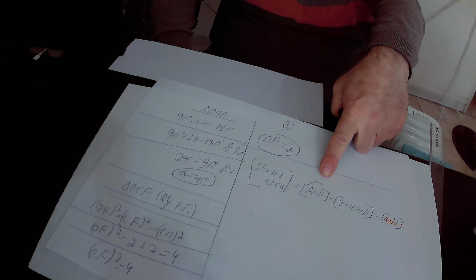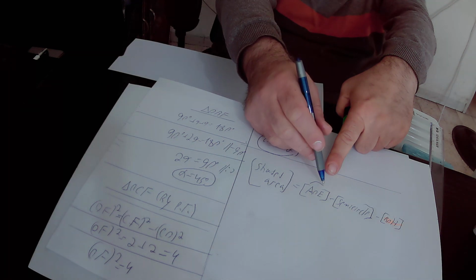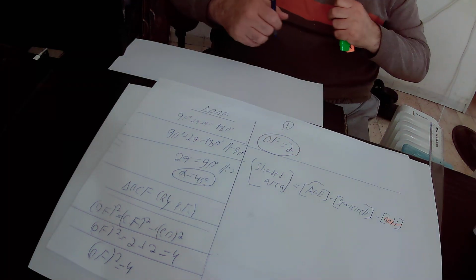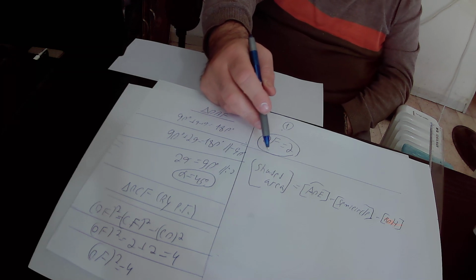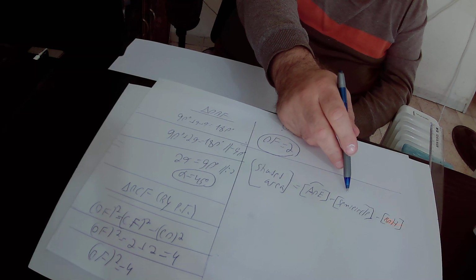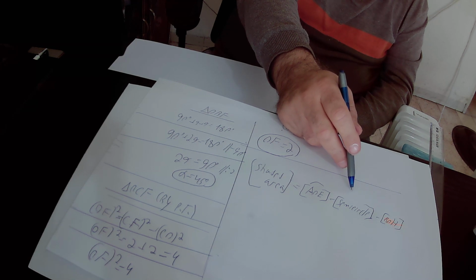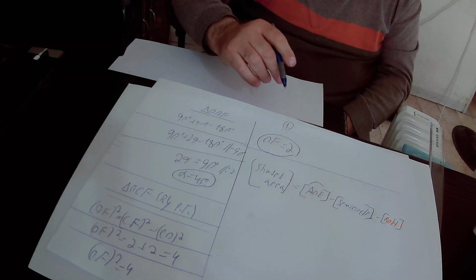The sign above AOE is the sign for the area of a sector. It means that AOE is a sector. So the value of the shaded area equals the area of sector AOE minus the area of the small semicircle minus the area of the orange shape BOH.